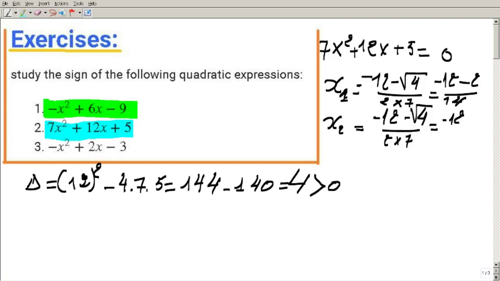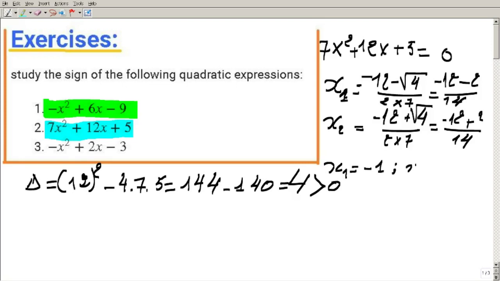And the second solution is minus 12 plus 2 over 14. So the first solution x1 is equal to minus 14 over 14, which is equal to minus 1.